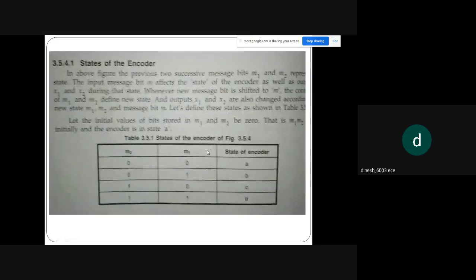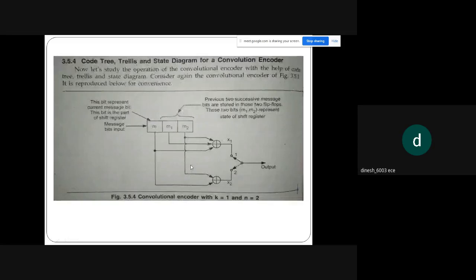States of the encoder. We are going to define the states of the encoder. We have shift registers M1 and M2.